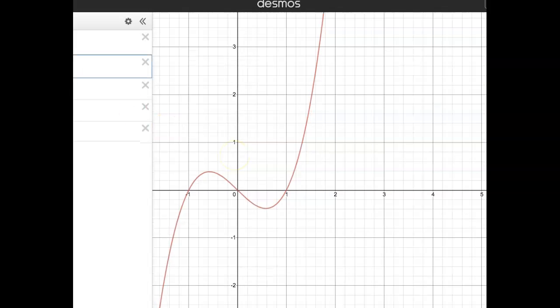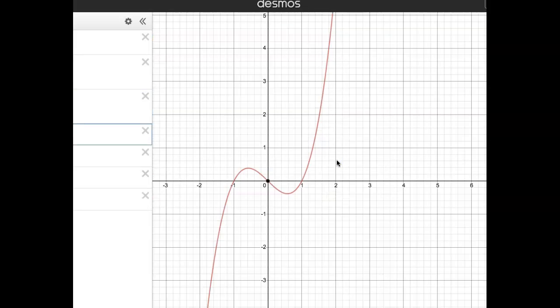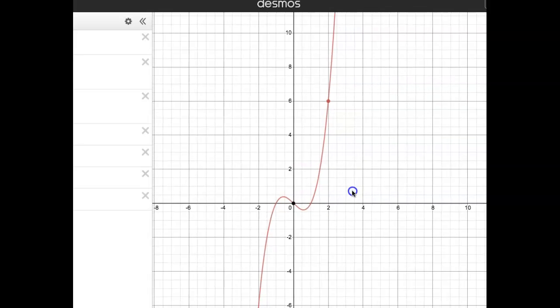So we got 0, 0, 2, 2, 6. Okay. So we're only looking at this curve between those 2 points.